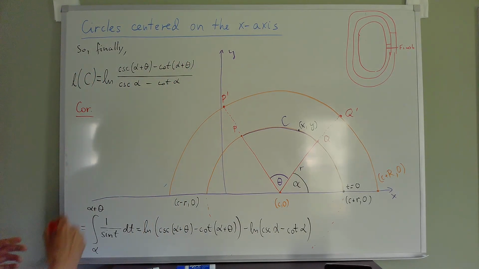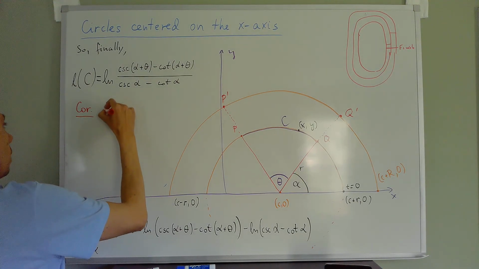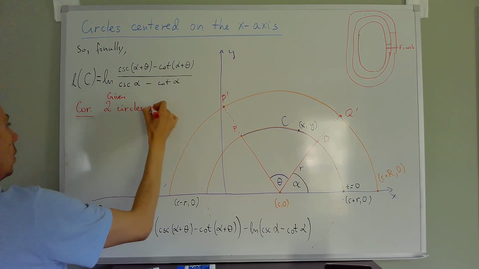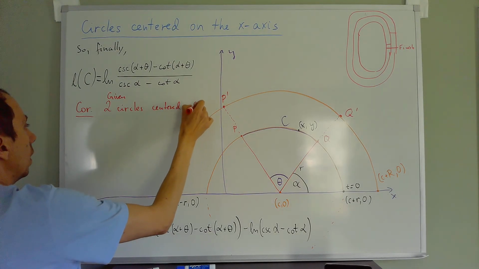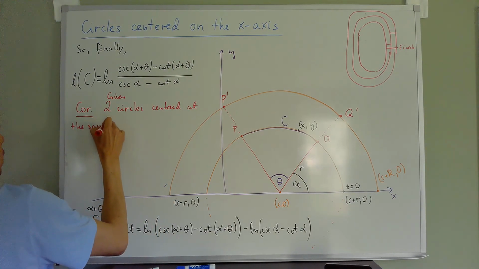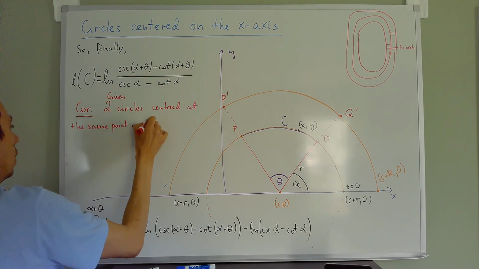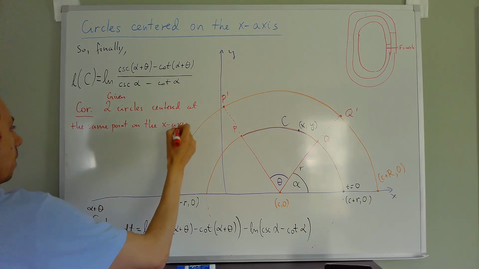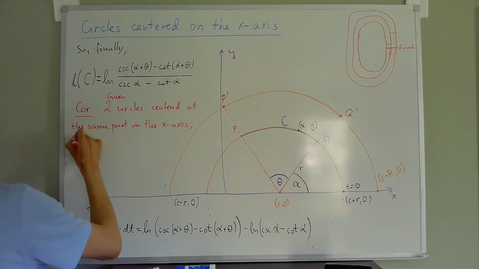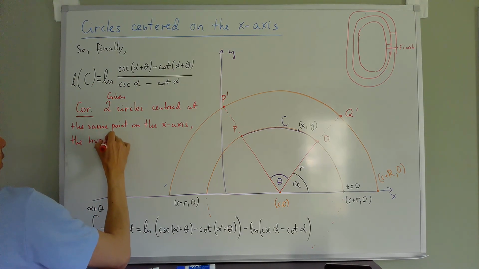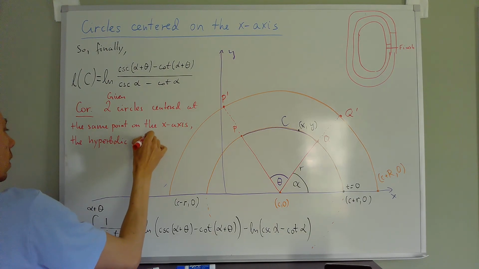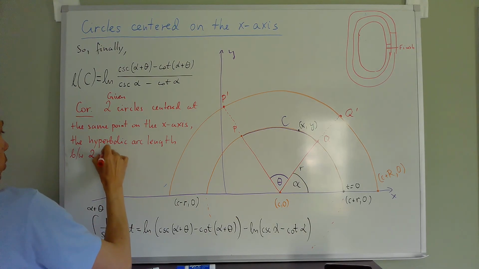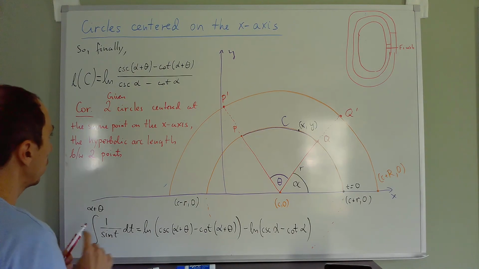So the corollary is this: given two circles centered at the same point on the x-axis, the hyperbolic arc length between two points. Okay, this is becoming complicated.